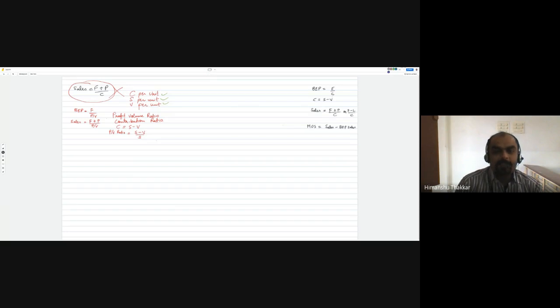Now let us try to use this formula in our sum, and then we can find out the answer for this example. First of all, we need to find PV ratio. PV ratio is equal to S minus V upon S. In our example, 6000 minus V, which is 3600, upon 6000.